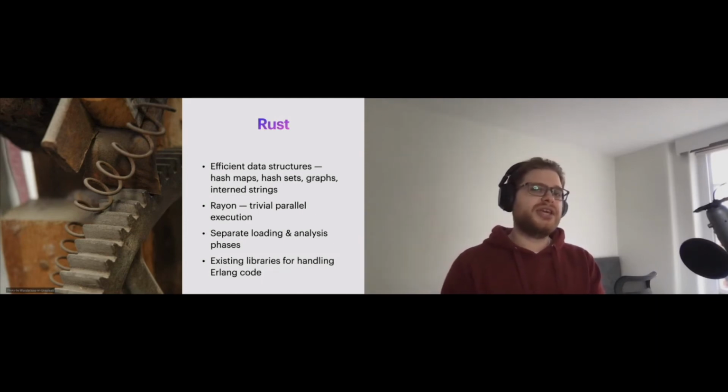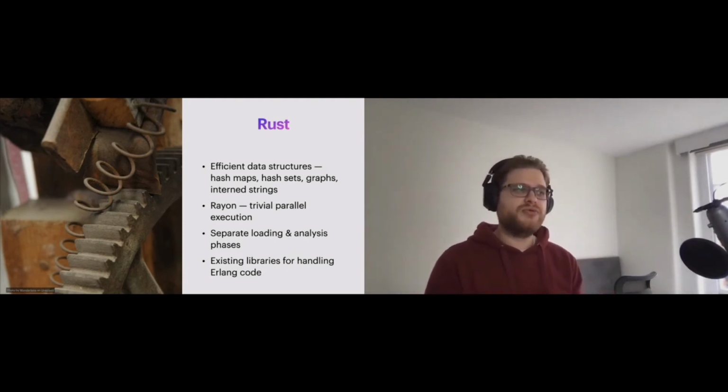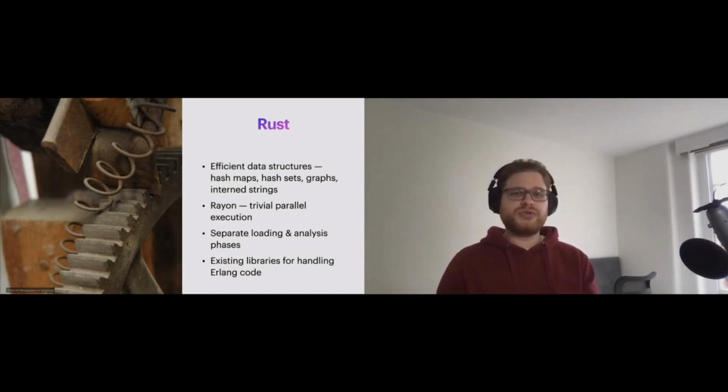As you saw, in the analysis phase, because we don't mutate anything, we can very efficiently access the data, and we can remove all of the overhead of those locks and mutexes, which seemed very nice.